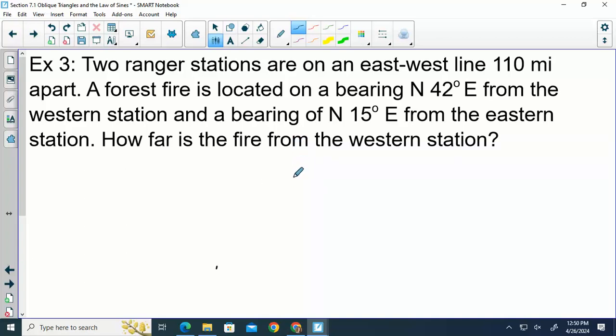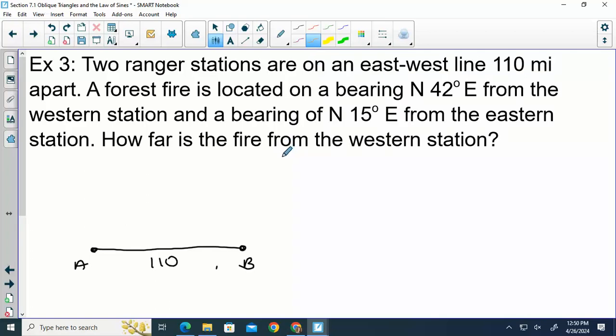So, 2 ranger stations are on an east-west line. So what kind of line is an east-west line? Horizontal. 110 miles apart. So here's point A, here's point B, distance between 110. A forest fire is located on a bearing of north 42 degrees east. This is an excellent time to review something.